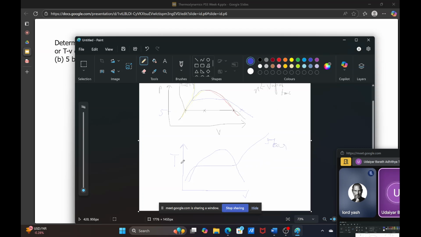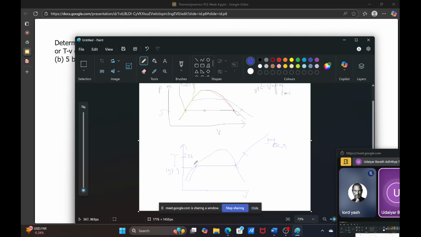So 5 bar, 151.9 is your saturation point. This is your saturated liquid, and this is your saturated vapor, and anything in between is your two phase. The second case was 5 bar and 200 degrees Celsius, so that will lie here, which is 200. This is the constant pressure line of 5 bar. So this is your superheated steam. That's how your PV and TV diagrams will look.